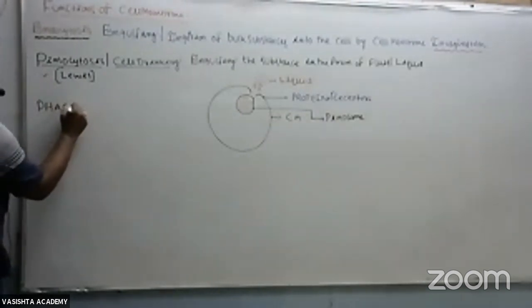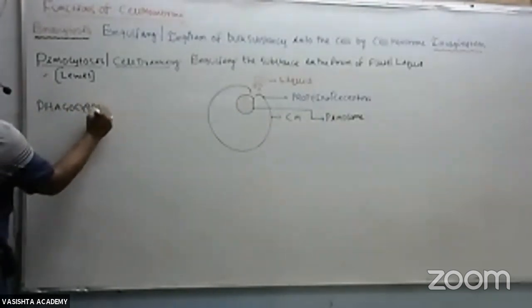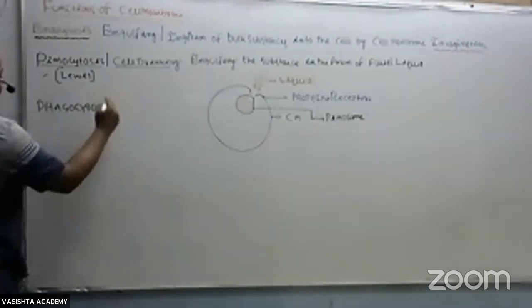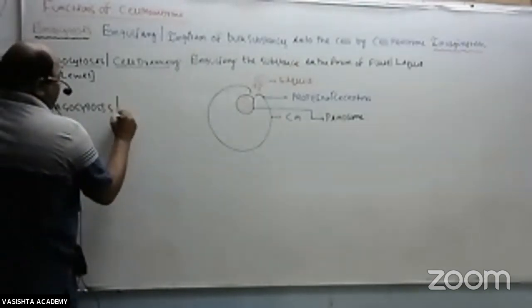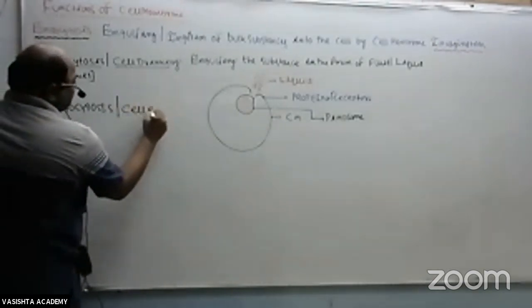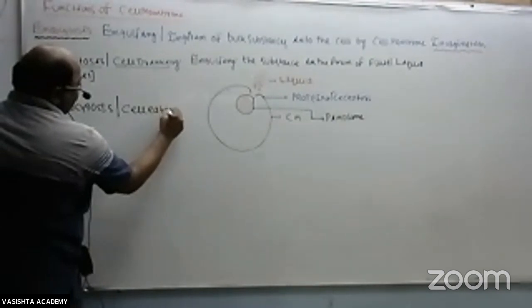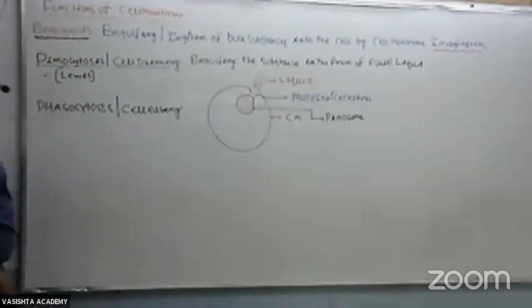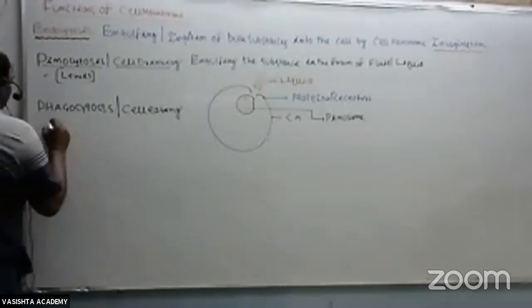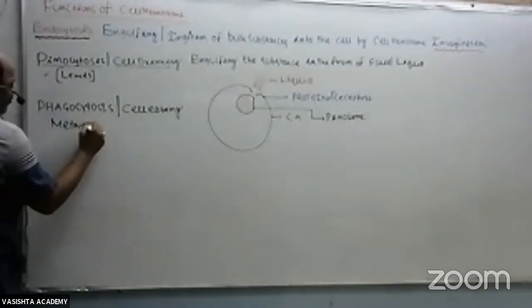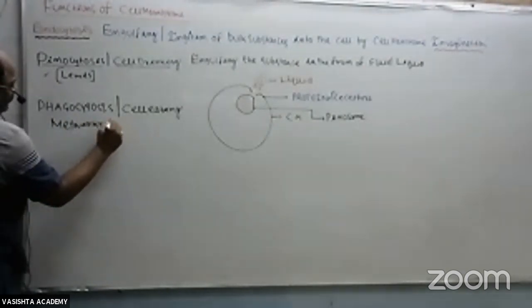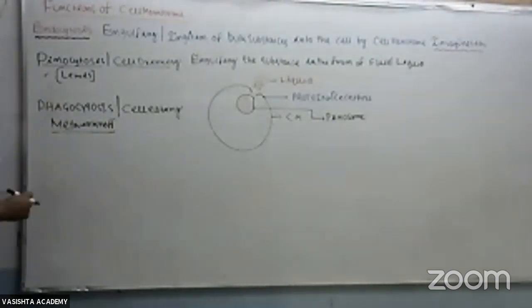Next, another process, phagocytosis. It is otherwise called the cell-eating process. The process was explained by the scientist Metchnikoff. What does phagocytosis mean?